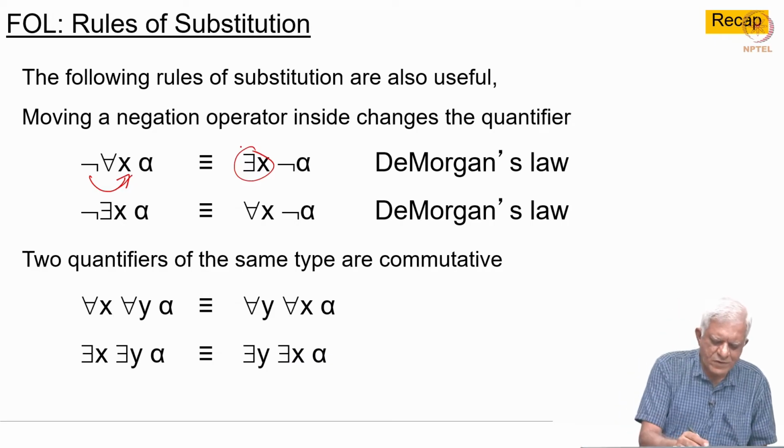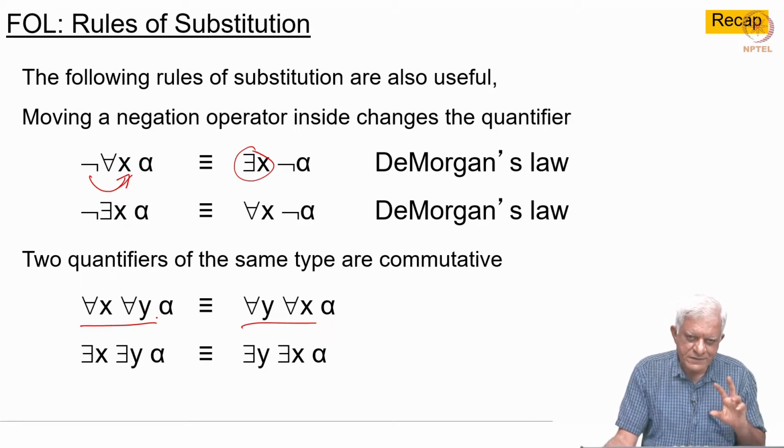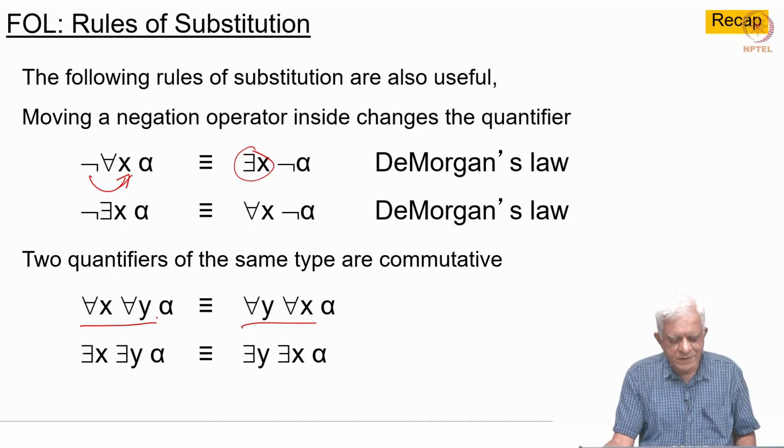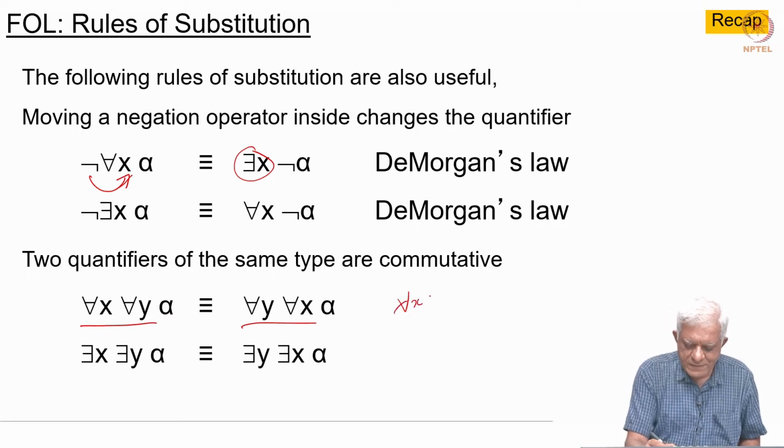And we had said that you can always exchange the order in which you write same quantifiers essentially. And we have seen with this boy girl example that changing the order changes the meaning if the quantifiers are different. So, if I say for all x there exists a y such that p x y, this is not equal to there exists a y such that for all x p x y.